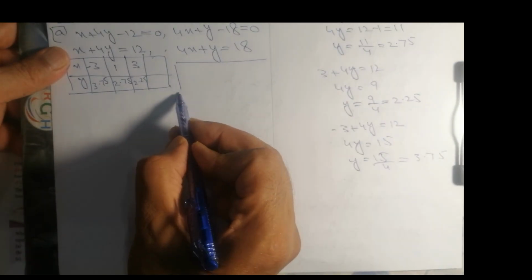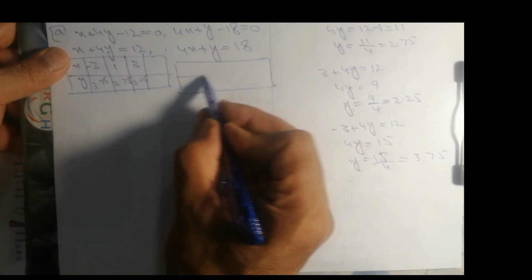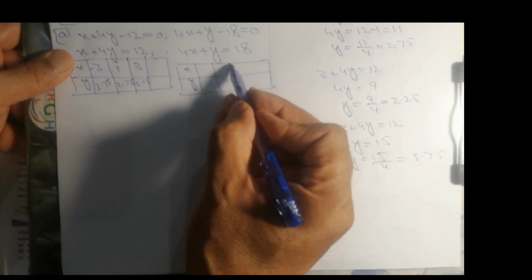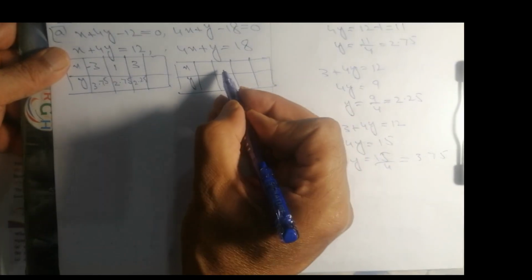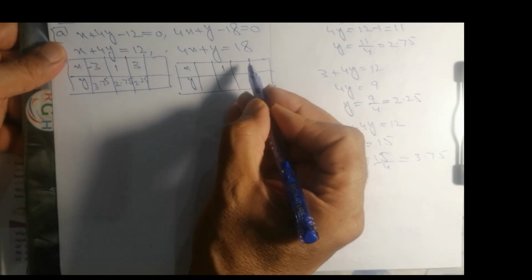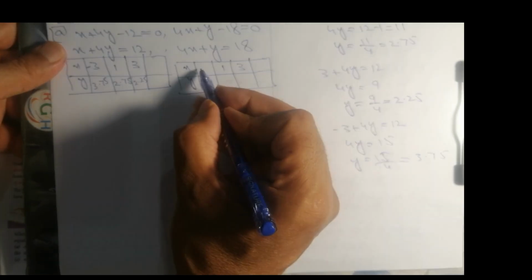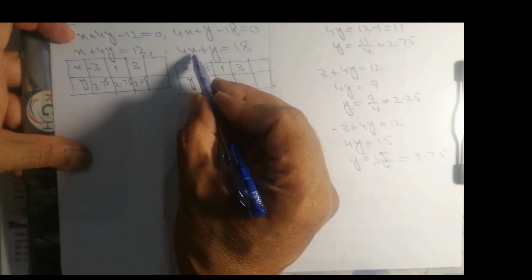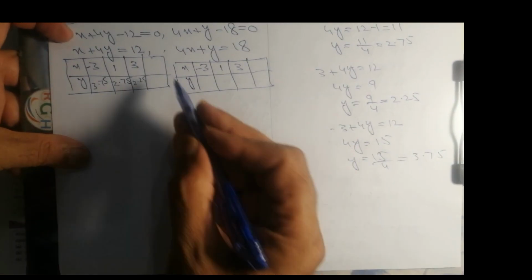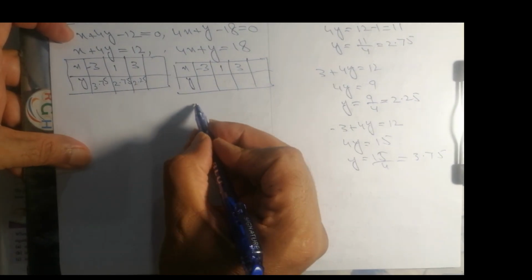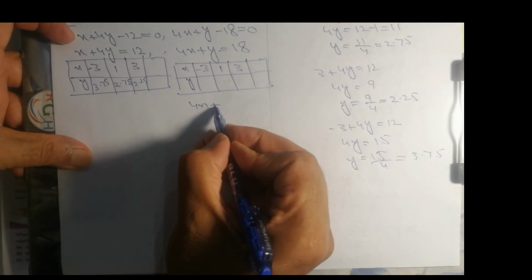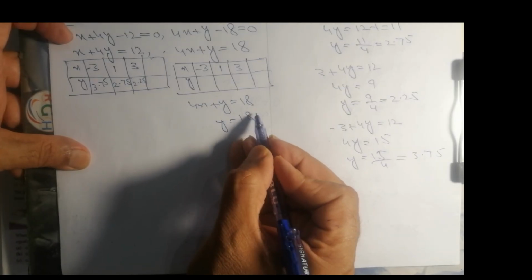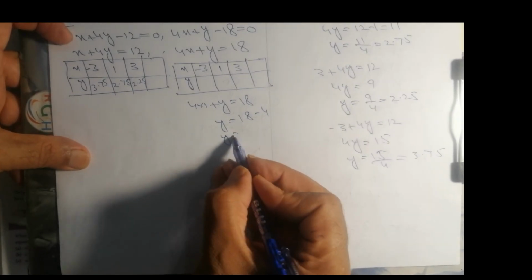And for the second table, x, y, suppose we take even the same 1, 3, minus 3. So if we put 1 here, 4x, it means 4 into 1 plus y equal to 18. Y will be equal to 18 minus 4, and y equal to 14.